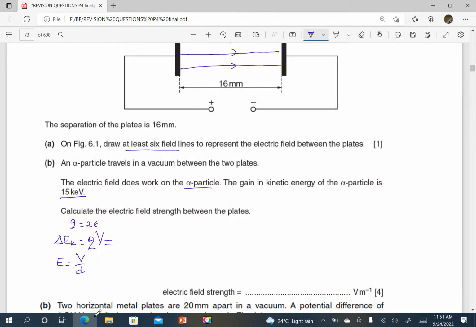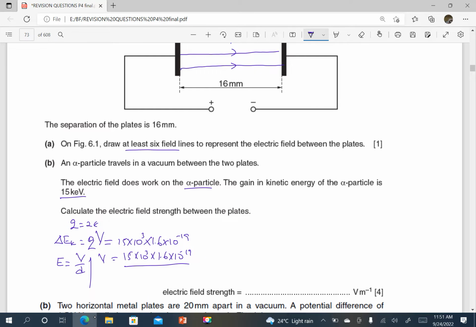If we equate this to the kinetic energy, which is 15 times 10 power 3, that is to change it from kilo electron volts to electron volts, then times 1.6 times 10 power negative 19 to change it from electron volts to joules. This will give us the potential difference V. And if you make V the subject from here, V is going to be 15 times 10 power 3 times 1.6 times 10 power negative 19 divided by the charge.